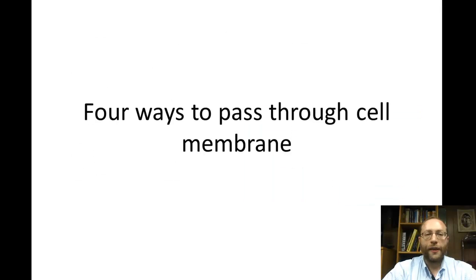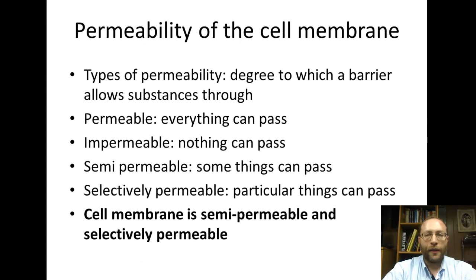Now there are 4 ways that substances can pass through the cell membrane. And before we get to those 4 ways, we have to first talk about the permeability of the cell membrane. Permeability is the degree to which a barrier allows substances through it.